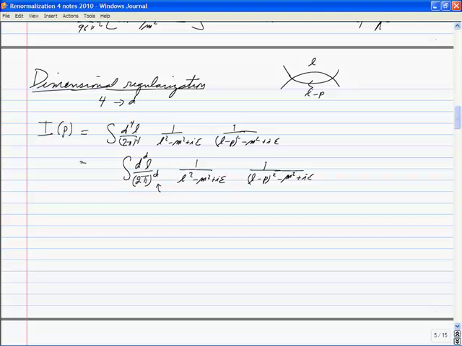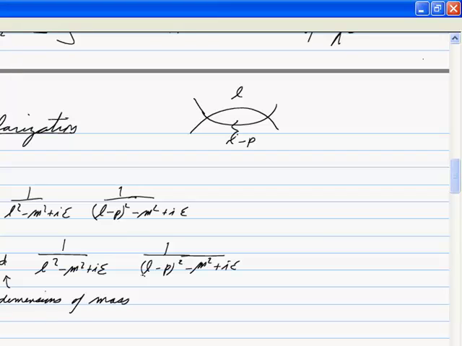The other thing they do, and this is more interesting, is since the original integral is dimensionless, completely dimensionless, they stick a factor μ to the 4 minus d out in front, where μ is arbitrary but has dimensions of mass, or momentum.